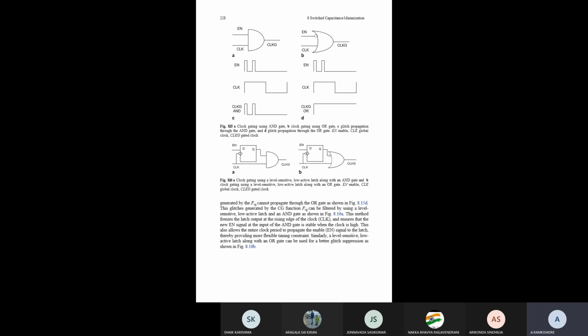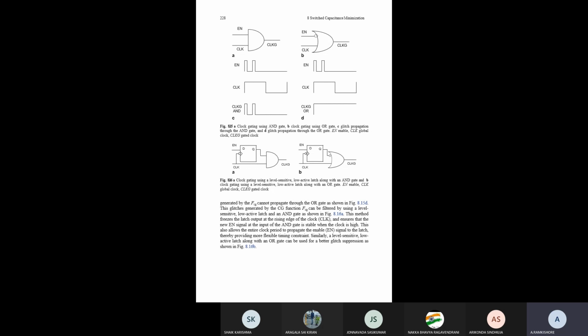Several implementations have been proposed to realize the CG function. The simplest one is implemented with the help of an AND gate, as shown in this figure.